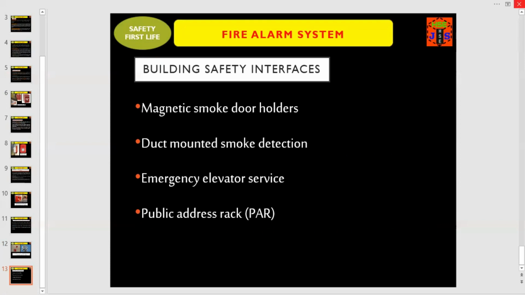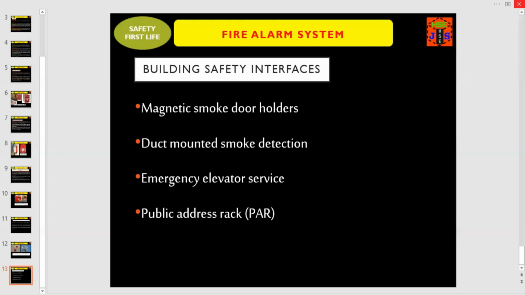Dear friends and colleagues, maybe it's hard to understand the first time, but if you watch these videos 2 or 3 times, you will be able to make the difference between the fire alarm system and fire detection system. You will understand the purpose, objectives, and the functions of fire alarm system and the fire detection system.